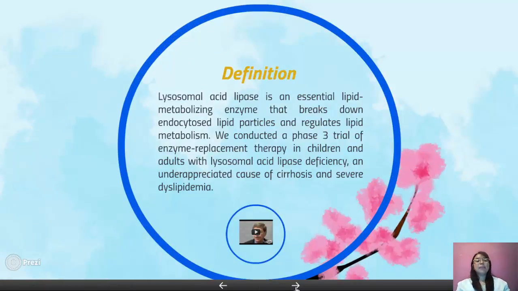Lysosomal acid lipase is an essential lipid metabolizing enzyme that breaks down cholesteryl ester and triglyceride particles and regulates lipid metabolism. We conducted a phase 3 trial of enzyme replacement therapy in children and adults with lysosomal acid lipase deficiency, and we appraise the cases of persistent transaminase elevation and severe dyslipidemia.